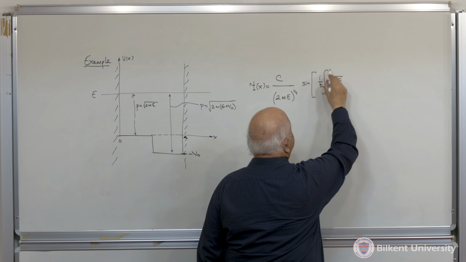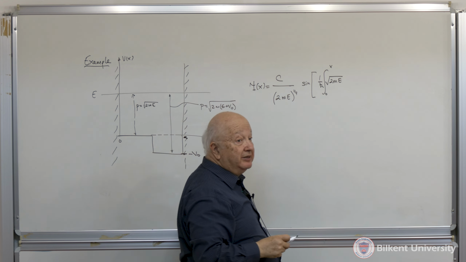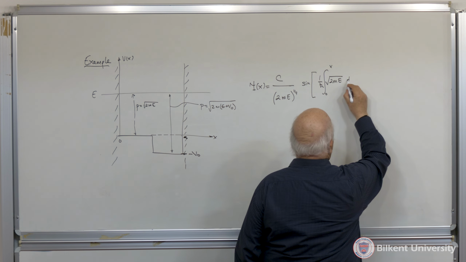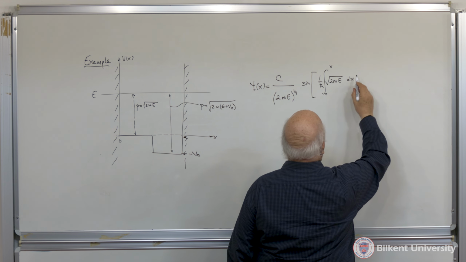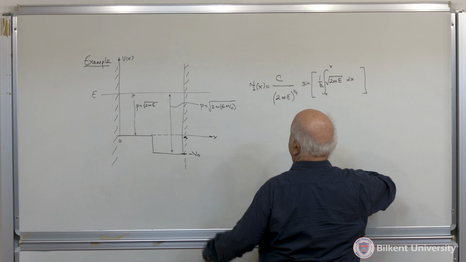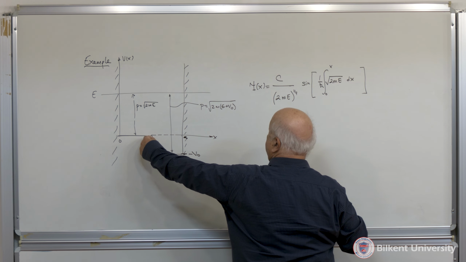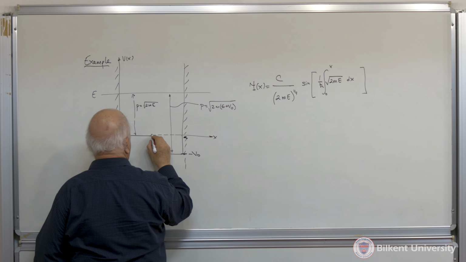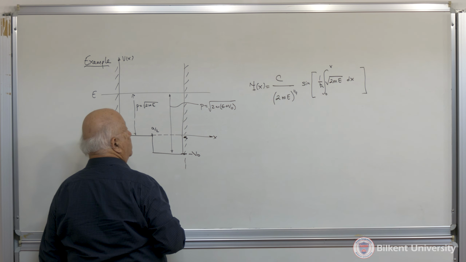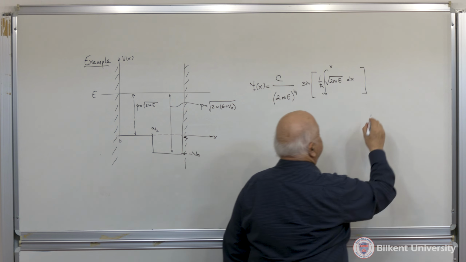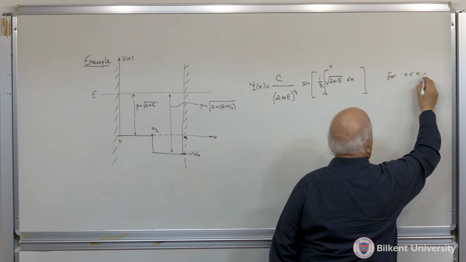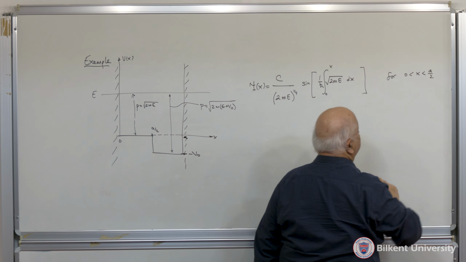In this special case, I don't have any x dependence in the integrand. So this is the integral until I get to this midpoint. Let's call this a over 2. So this is for x between 0 and a over 2.